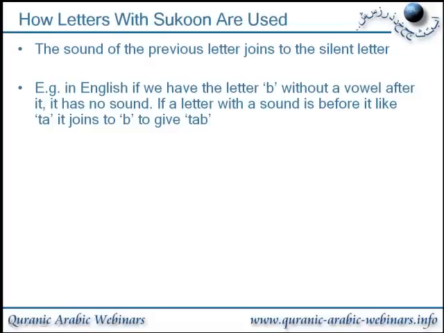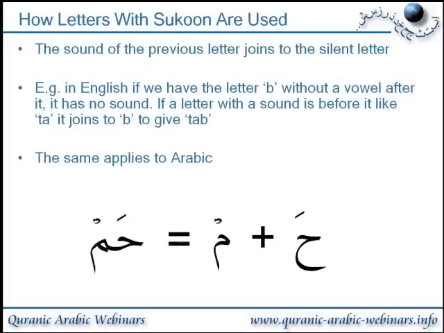For example, if a letter with a sound is before it, like ta, if you have the sound ta before the letter B, it gives the sound of tab. So there, B doesn't have its own sound because you haven't got an A, I, O, U, etc. after the B. So you join it to the ta sound, and you get the word tab.